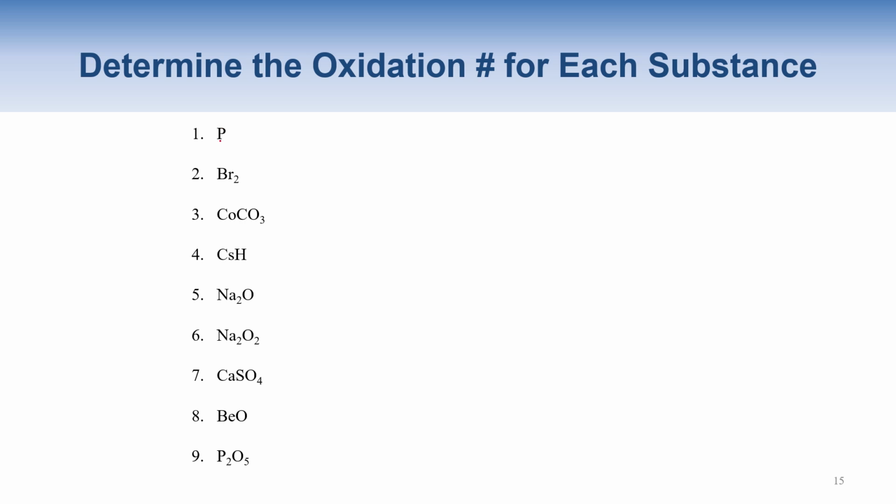Okay, first one, it's elemental. This is just going to be 0. Second one, also elemental. This is going to be 0. Here we have to determine what the C and the O are. O is going to be -2.